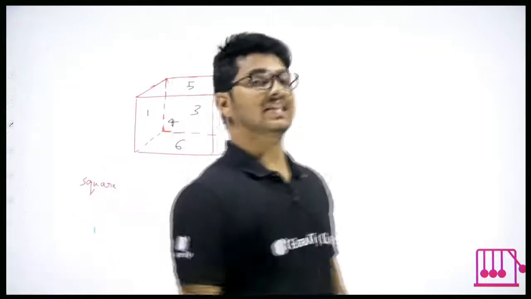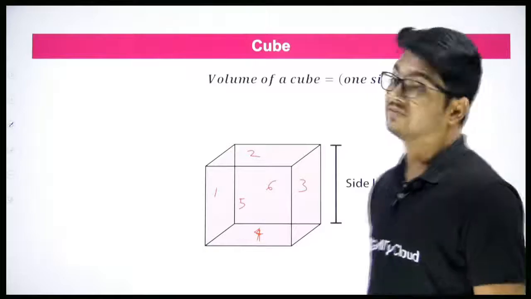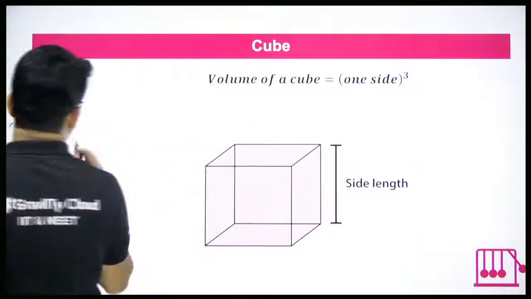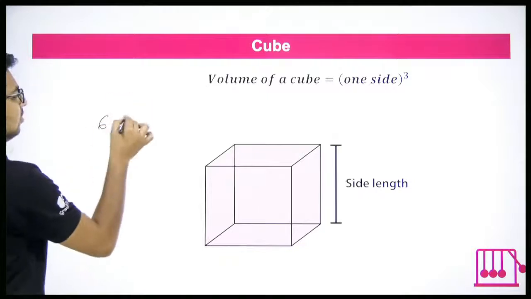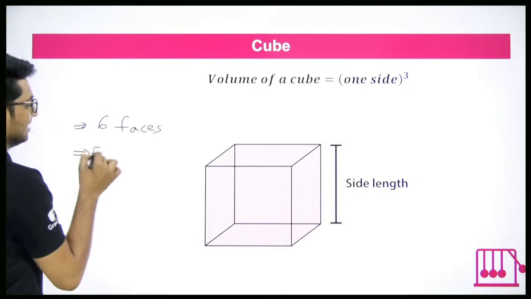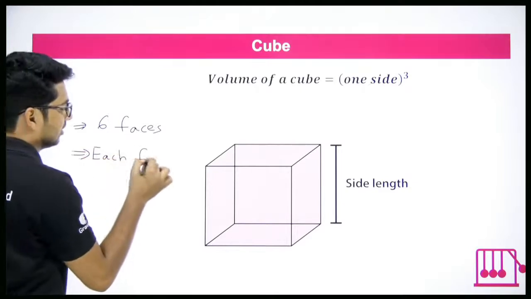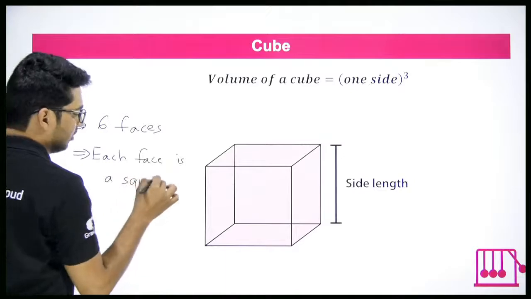So 6 faces, and each face will be a square. That's the important part. You just have to know a few points. A cube has how many faces? 6 faces. Another important point, each face is a square. So just remember these points.